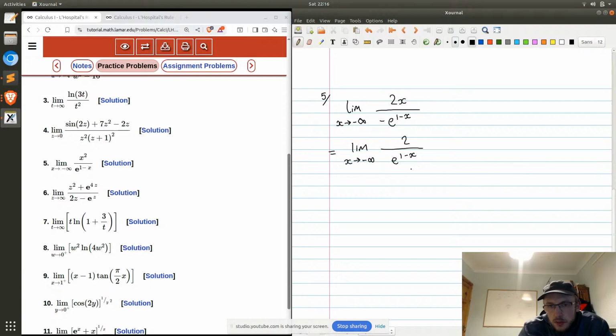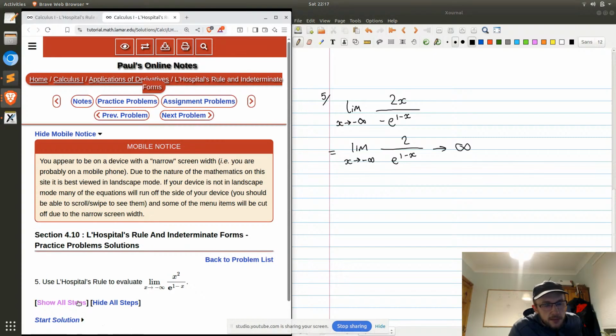Now we have 2 divided by a very, very small number. So it's infinity, isn't it? I think so. I think that shoots off to infinity, doesn't it?